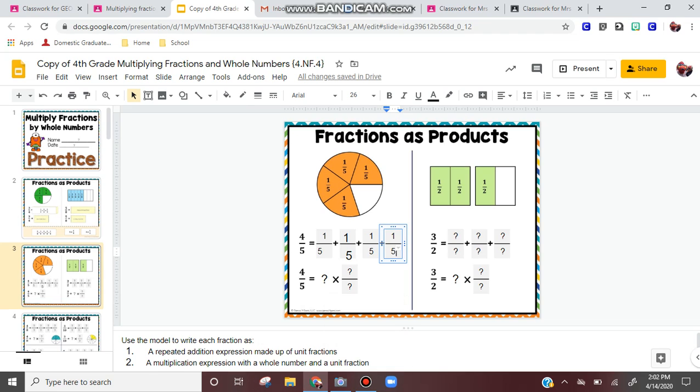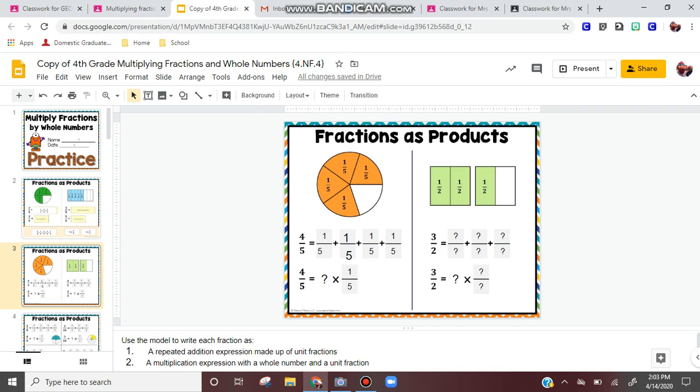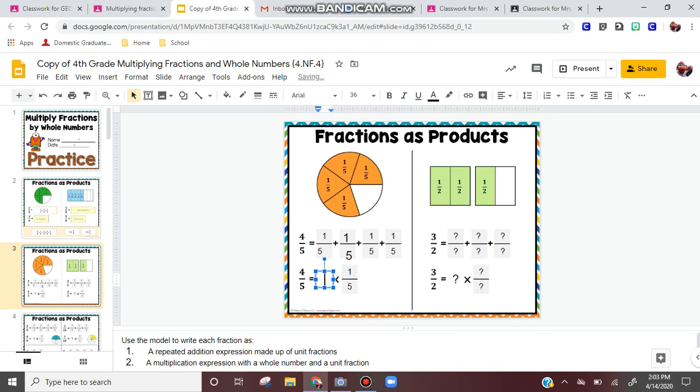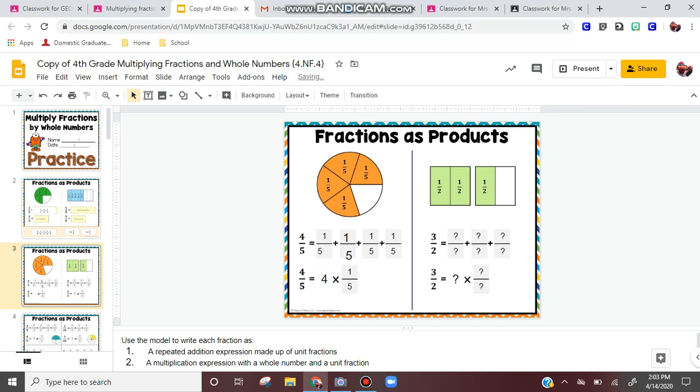So I can multiply 1/5 by 4, and it would be the same as writing 1/5 plus 1/5 plus 1/5 plus 1/5.